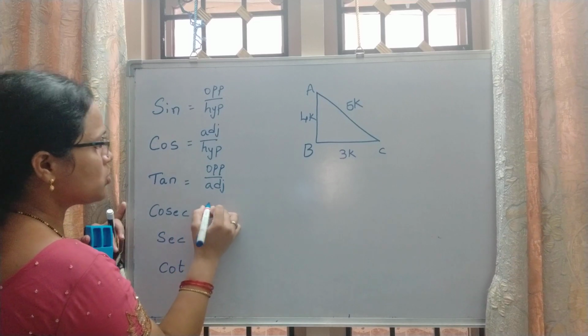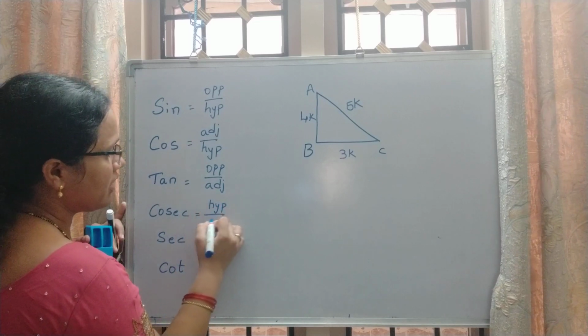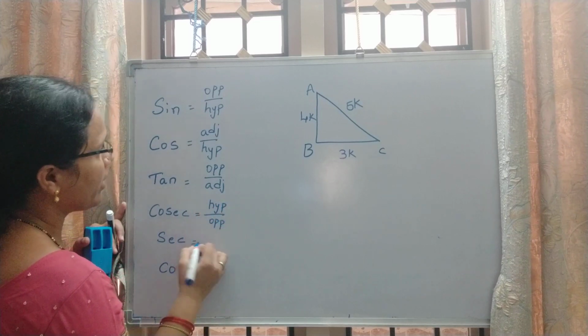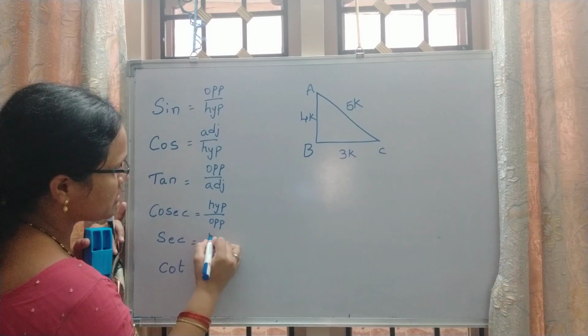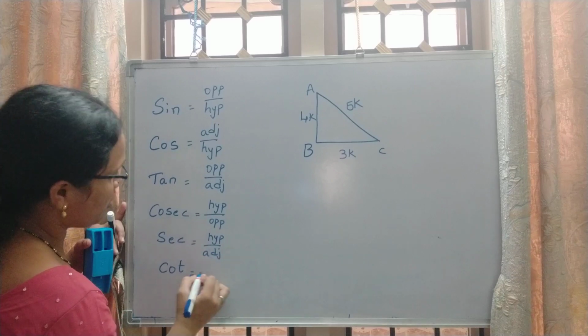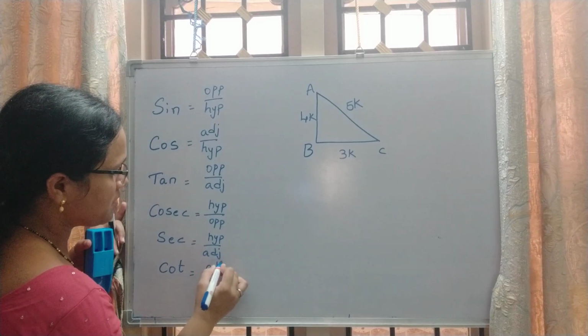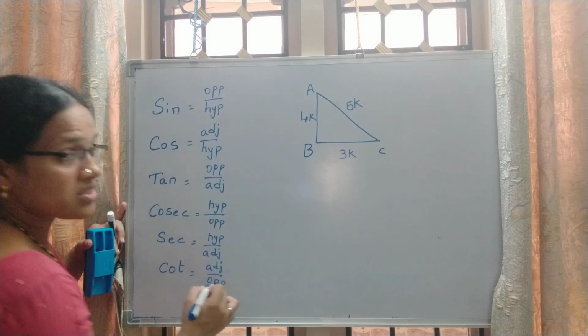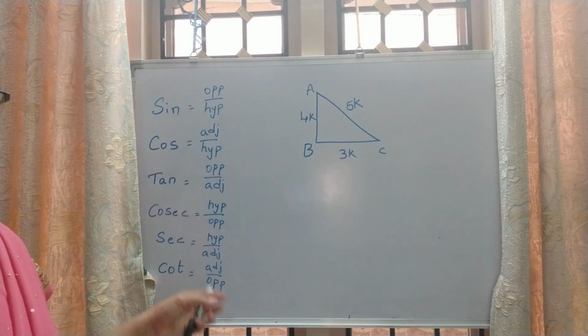Cosec is equal to hypotenuse by opposite. Secant is equal to hypotenuse by adjacent, and cot is equal to adjacent by opposite. So this is how you write all the trigonometric ratios.